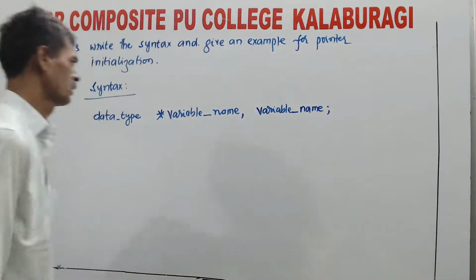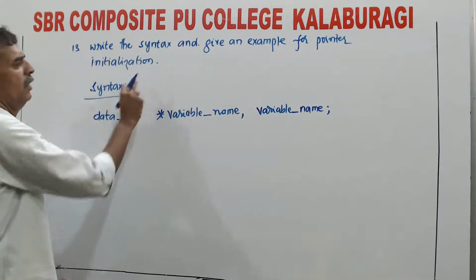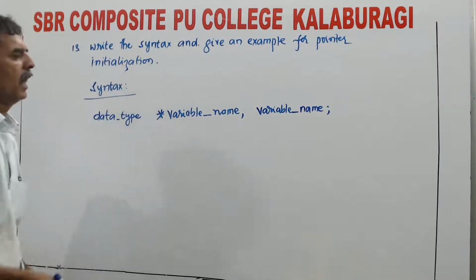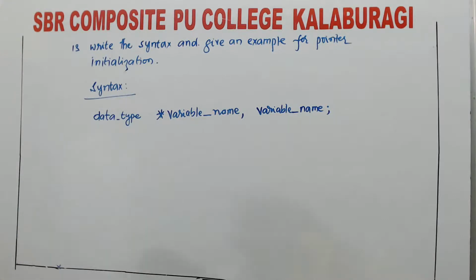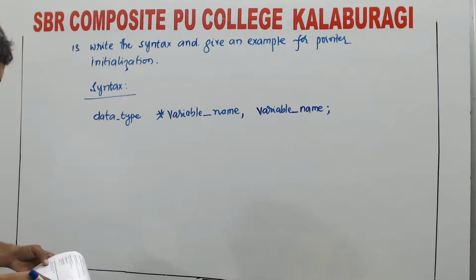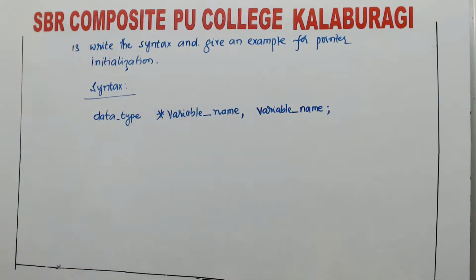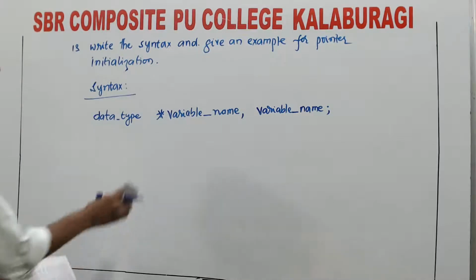This is the syntax. Now, initialization. I have to assign the address of a variable to the pointer variable. So variable is equal to pointer variable. This is the pointer variable. Okay.